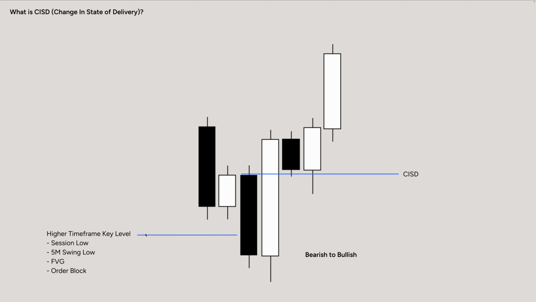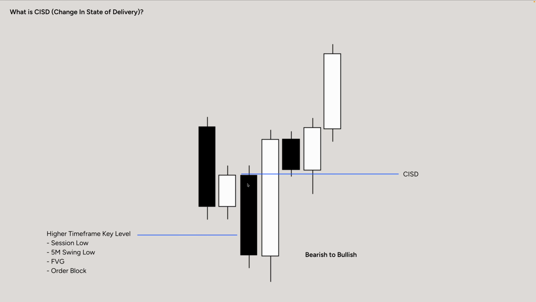And what I normally do is this. Let's say we have a session low coming up or another key level, and I do not see these candles. I only see this candle. What I normally do is I mark out this candle body open with the CISD line, and then I wait, because I always wait for price to tell me where it's going to go. In this case, I'm getting a bullish candle, but no candle has touched my key level yet, and it also hasn't closed above my CISD line, so I'll wait.